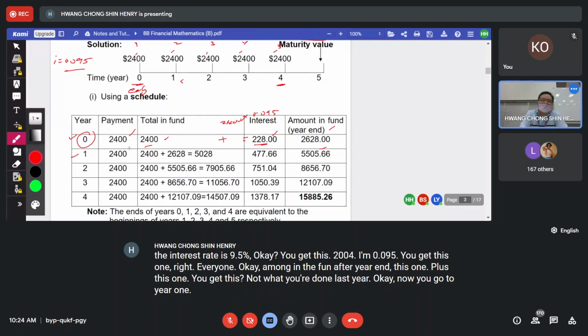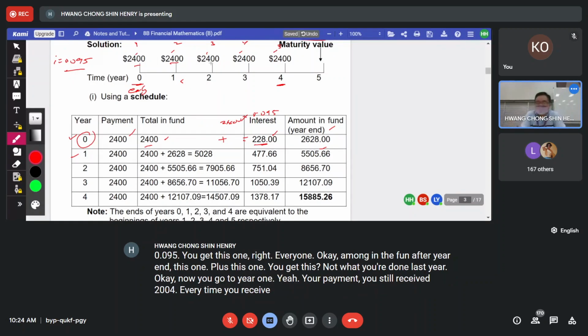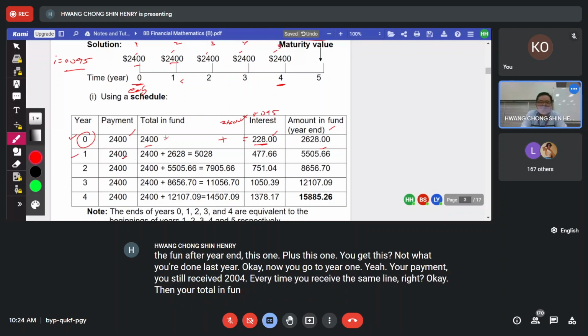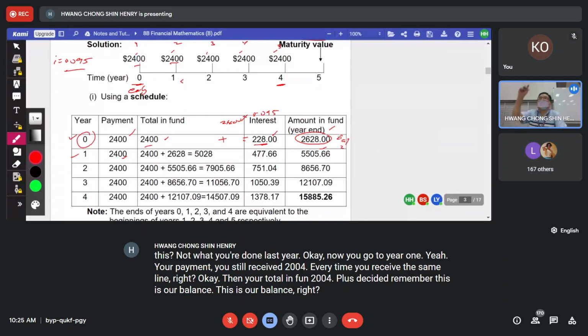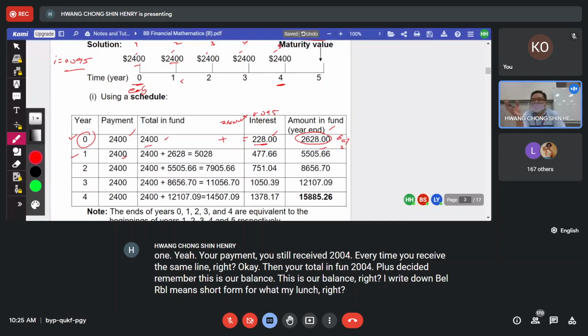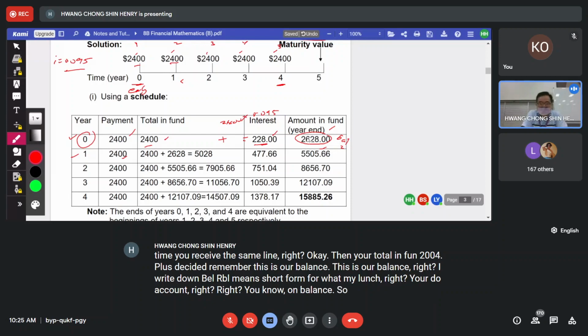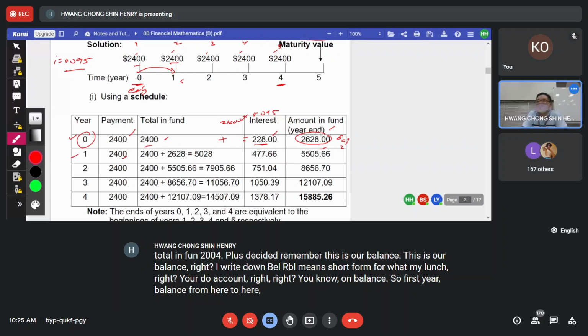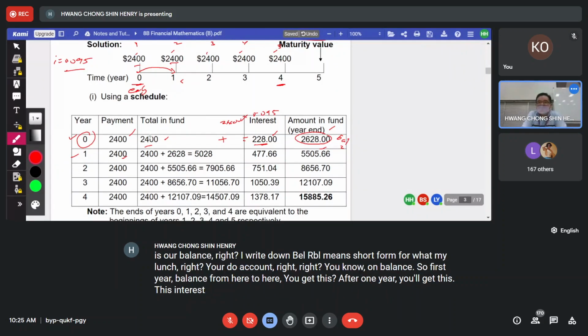Your payment, you still receive 2004, every time you receive the same amount, right? Then your total in the fund is 2004 plus this one. Remember, this is your balance. I write down BAL. BAL is short form for balance, right? You all do accounting, right? So first year balance from here to here, you get this. After 1 year, you get this interest plus the payment you receive.